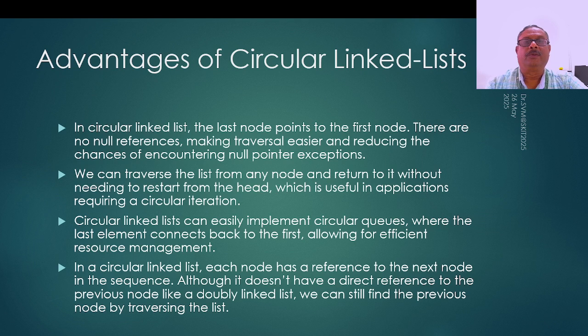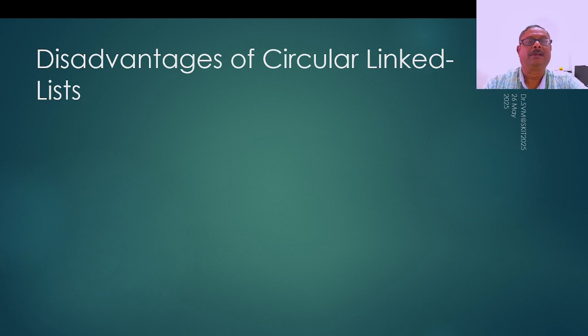If I want to go back one step, I just traverse n minus one steps forward, and then I am one step behind. So we don't have to create a doubly linked list just because we want to go back. With the same singly linked list and additional movements, we can go backward also. That's an advantage of a circular linked list.